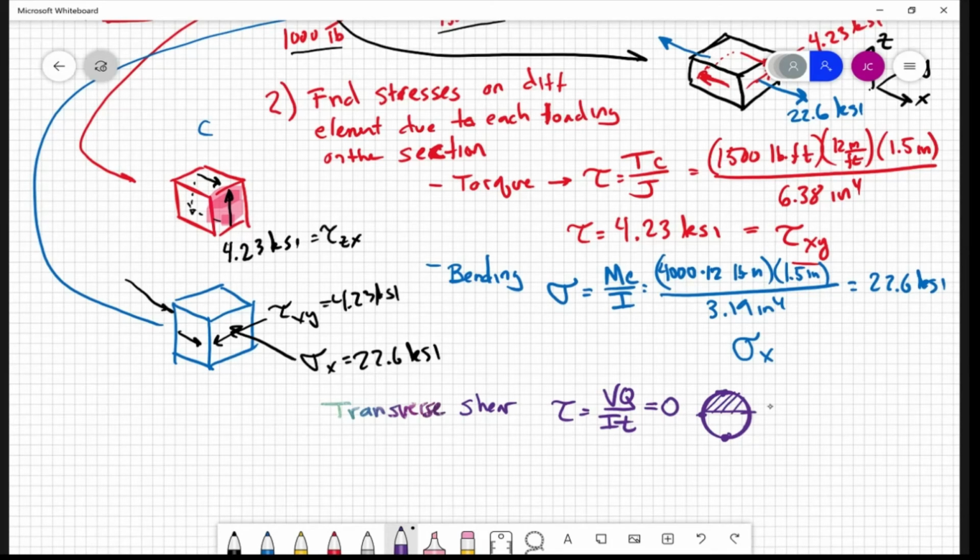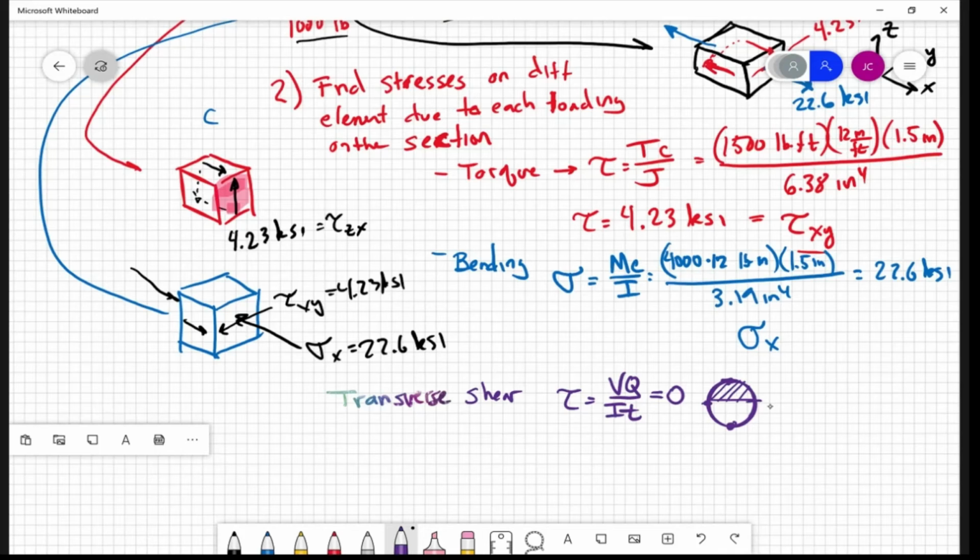So if we were to put the VQ on I shear stress at point C, it would negatively combine with the same shear stress component, a tau ZX from the torsion, but it actually acts in the opposite direction. So it would subtract off of it.